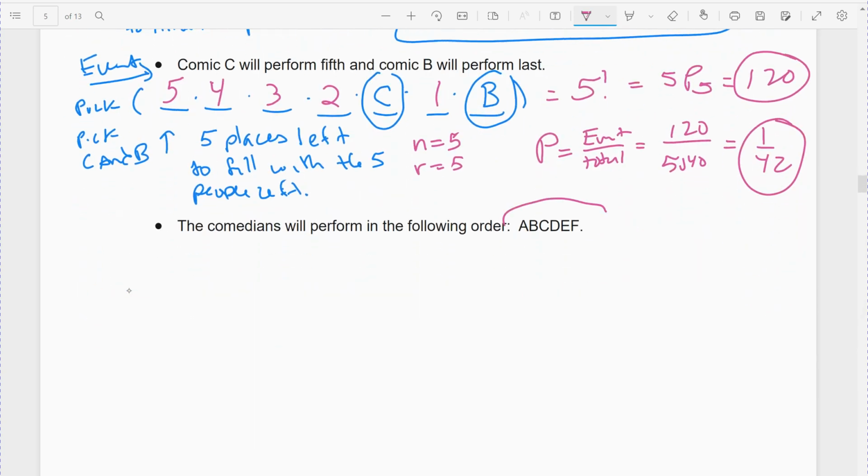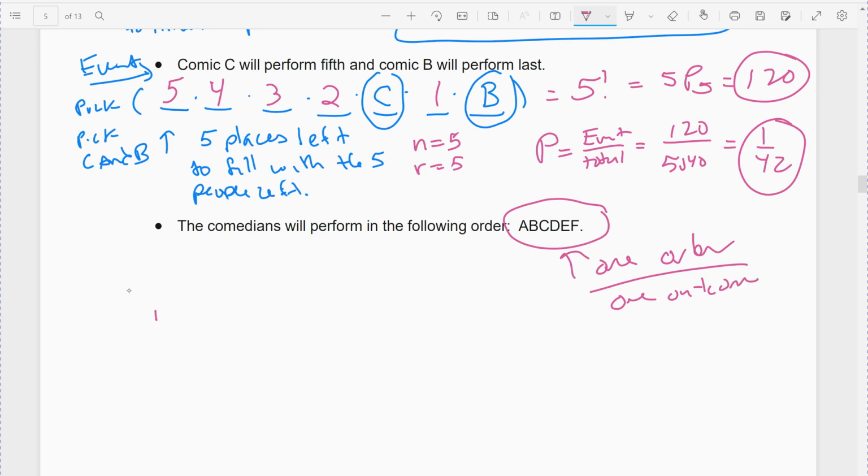All right, the last one. How many different ways will the comedians perform in alphabetical order? We've already set it up. We're going to put it in alphabetical order: A's first, B's second, C's third, D's fourth, E's fifth, F's sixth, and G is 7th. This is one order, one outcome.